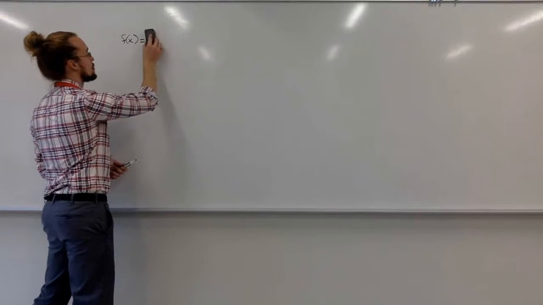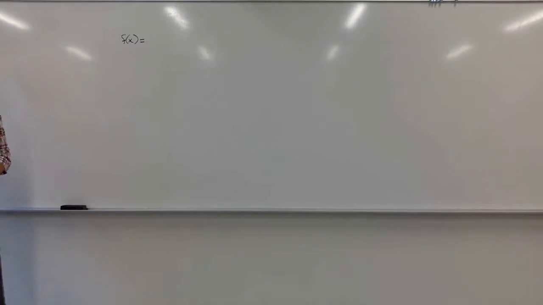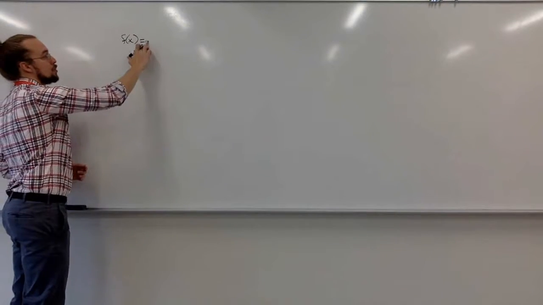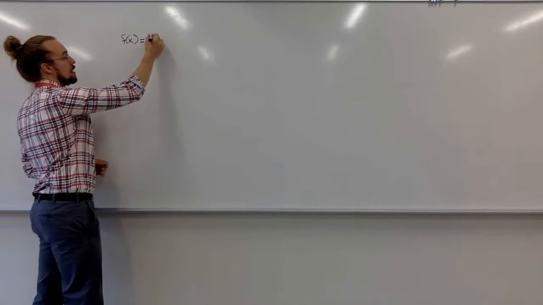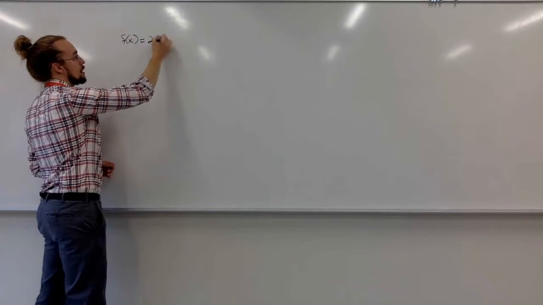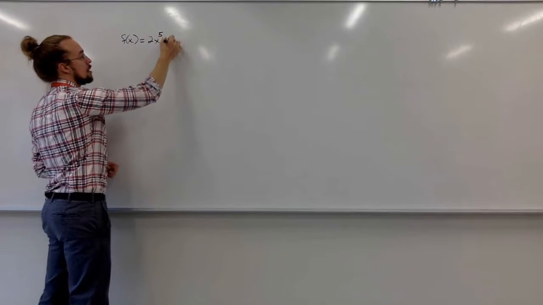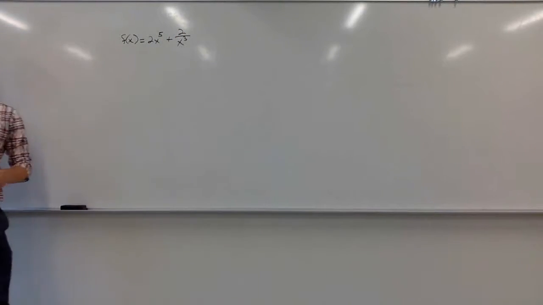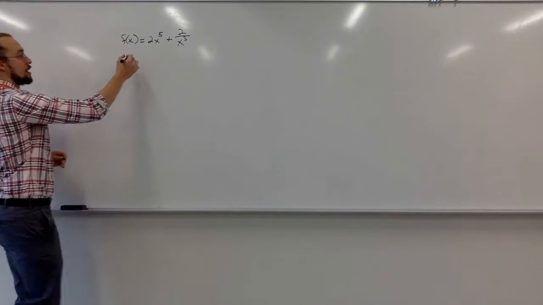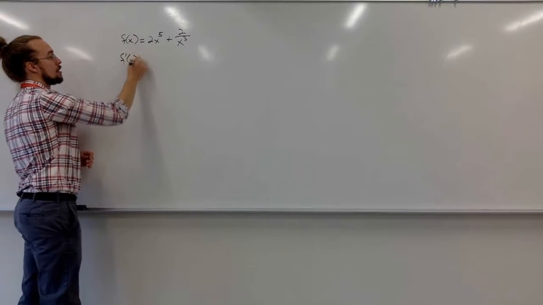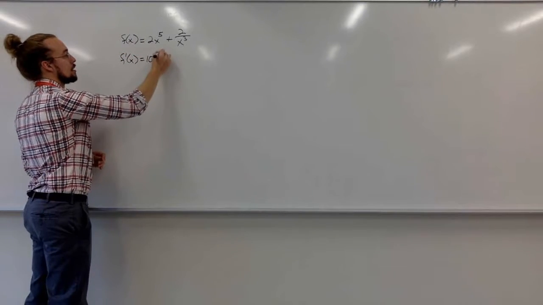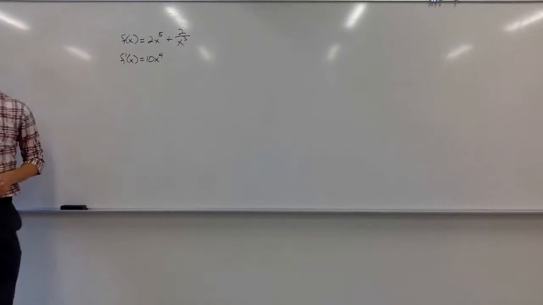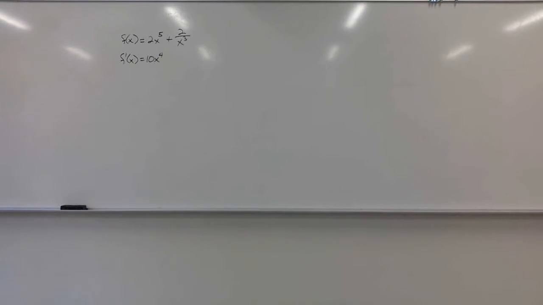Alright, how about 2x to the 5th power plus 2 over x cubed. So the first one will be 10x to the 4th. What about this, though? 2 over x cubed.